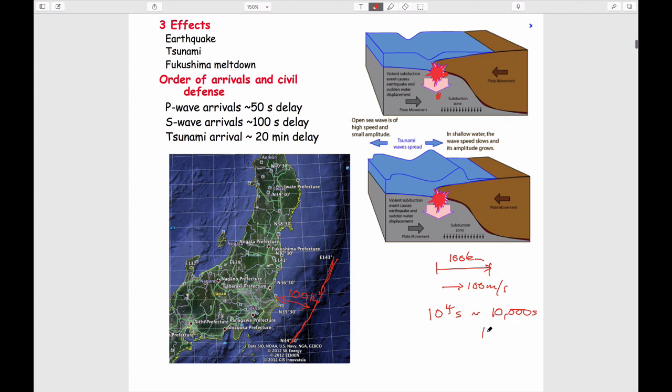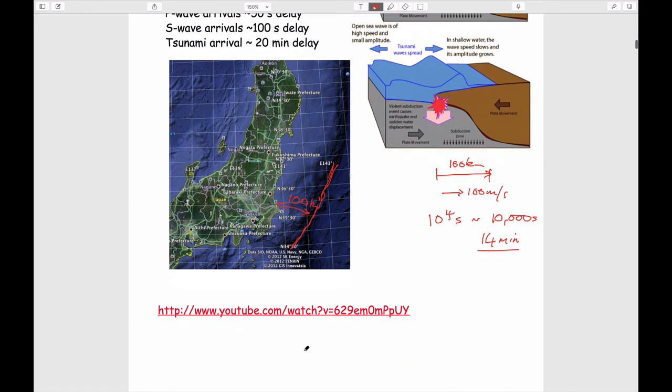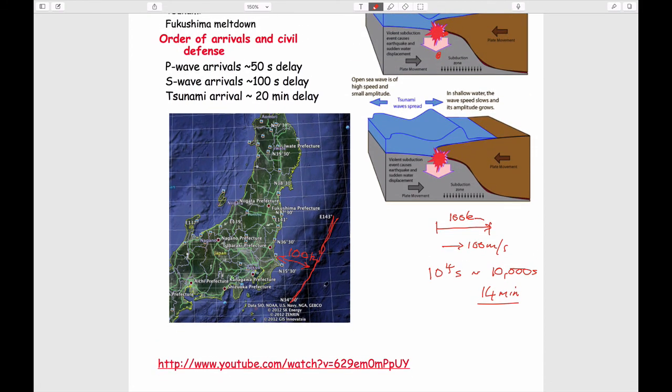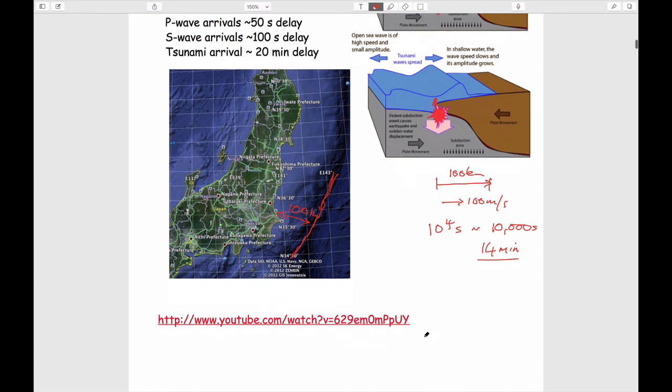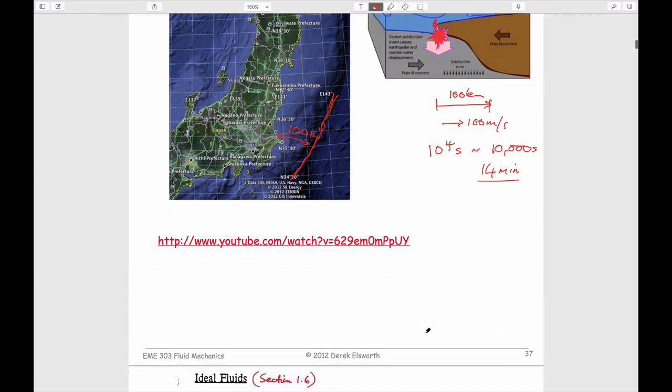Is it 14 minutes? I'll let you do it. 60 and 100 is 2. Yeah, so the order of 14 minutes. So in other words, you get some small amount of warning from a tsunami. You can also do the calculation for the wave speed due to traveling in the rock to be able to tell you how quickly, how much warning you'd have before this event hits you on land.